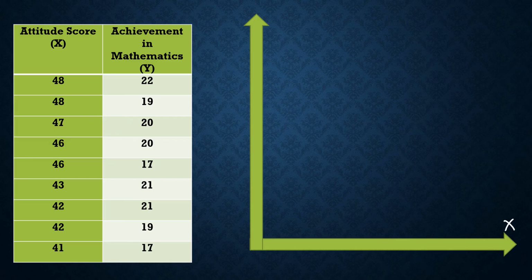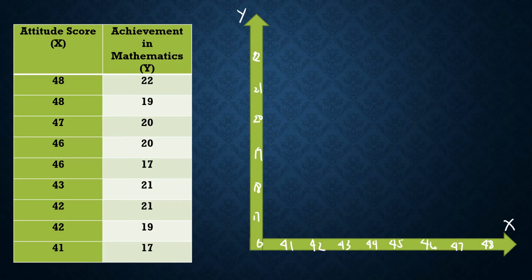So 41, 42, 43, up to 48. For achievement in mathematics, since that is y, it will fall on the y-axis. As you can see, the lowest number is 17 and the highest number is 22. So let's have 17, 18, 19, 20, 21, and then 22.